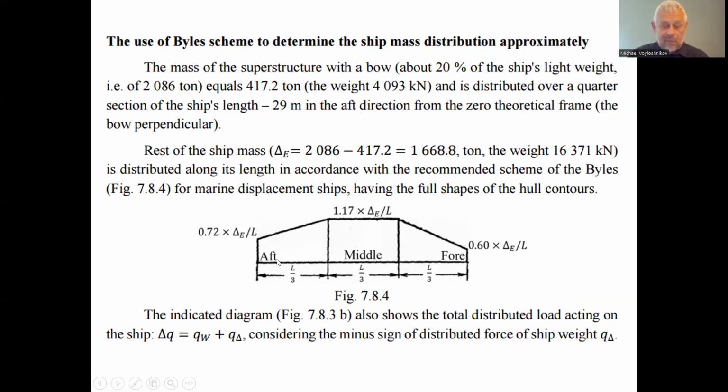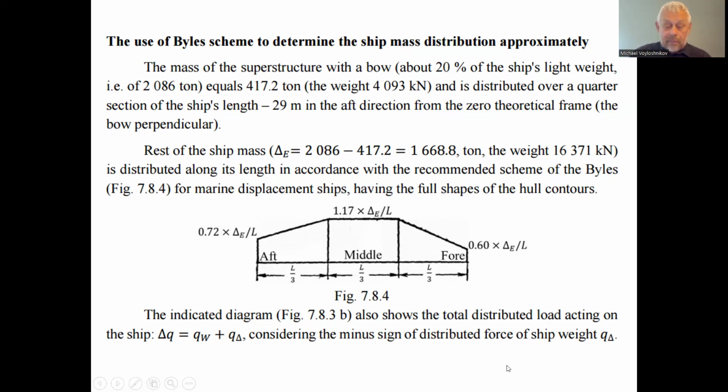The middle part is 1/3 of the length, then the fore part and the after part, and the extreme magnitudes of the linear distribution of the rest part of the light displacement by the length. The indicated diagram also shows the total distributed load acting on the ship, considering the minus sign of the distributed force.